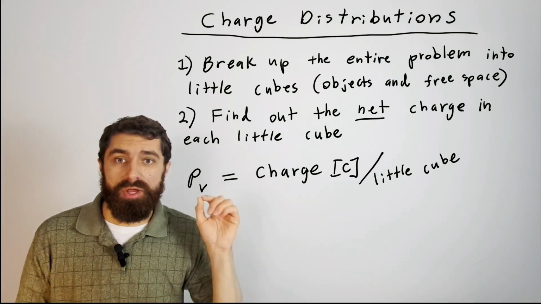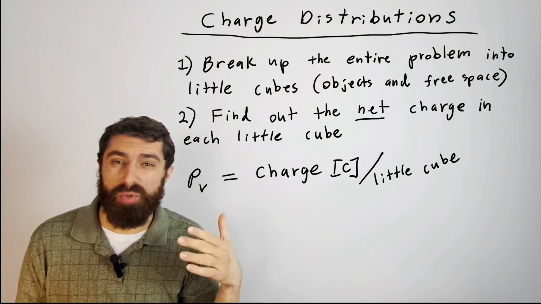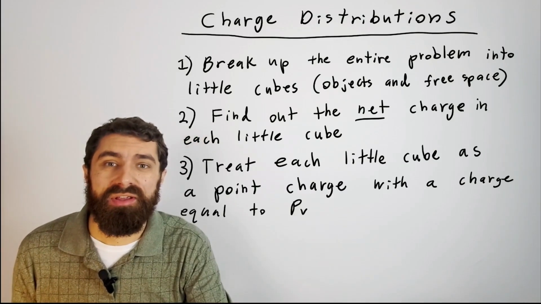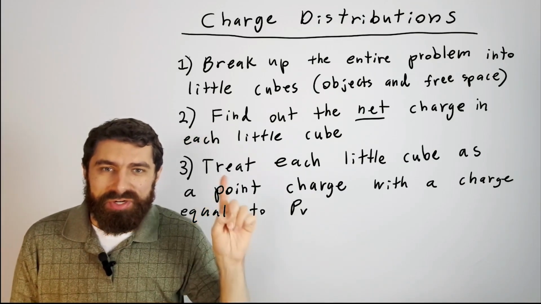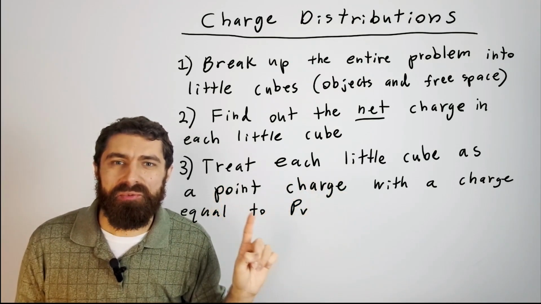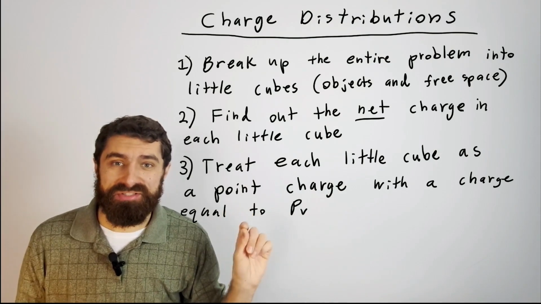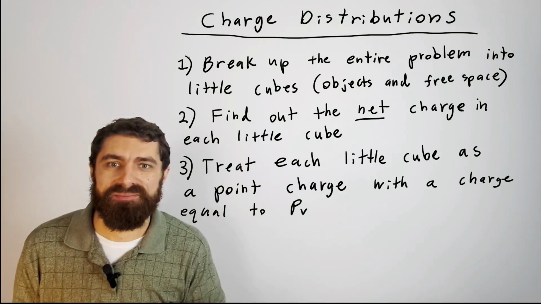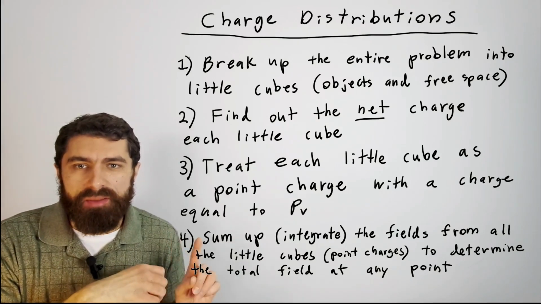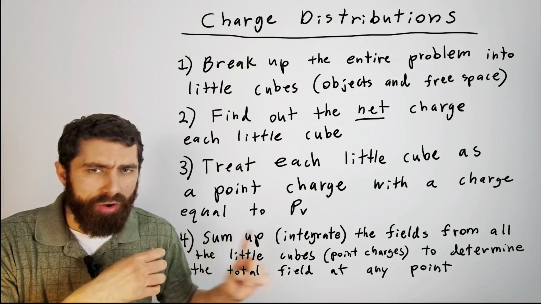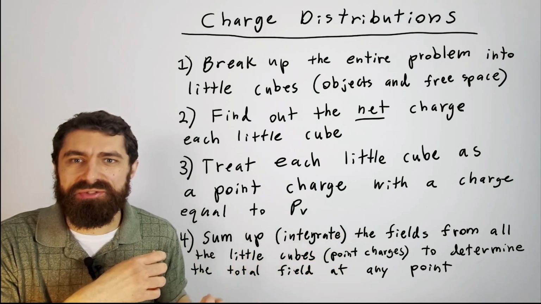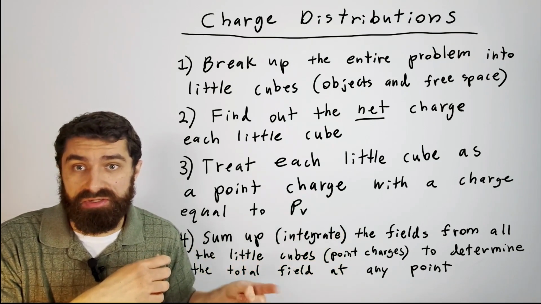Once you know rho v, the charge per unit volume, at every little cube, you treat each little cube in your problem as a little point charge with a charge equal to rho v. Finally, the last step is to sum up or integrate all the fields from all these little point charges to determine the total field at any point.